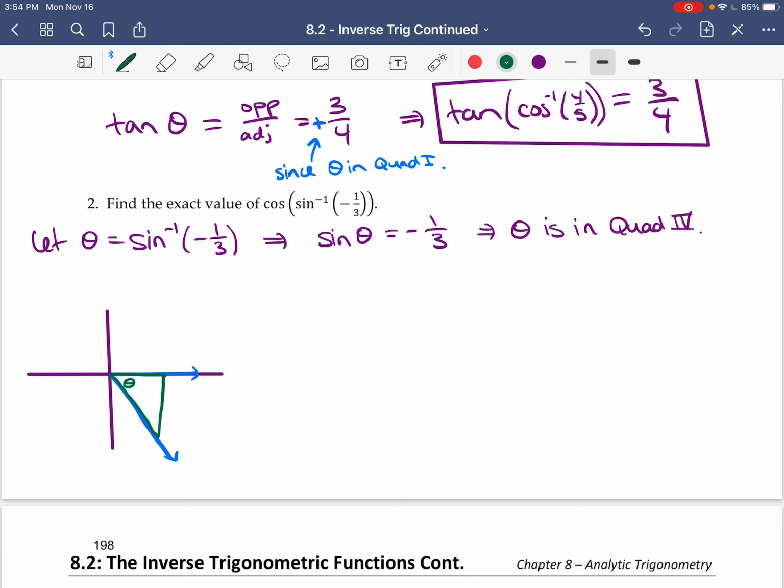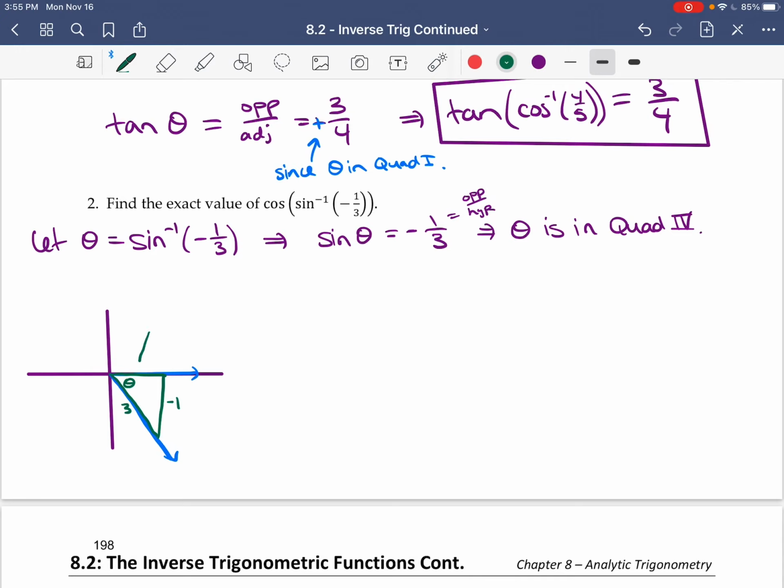And sine of it is the opposite over the hypotenuse. The hypotenuse is never negative, so I'm going to make the hypotenuse 3, and then this you could write as -1, or you could write it as 1 and then just remember that you're in quadrant 4 later on. So either way, however you'd like to do it.